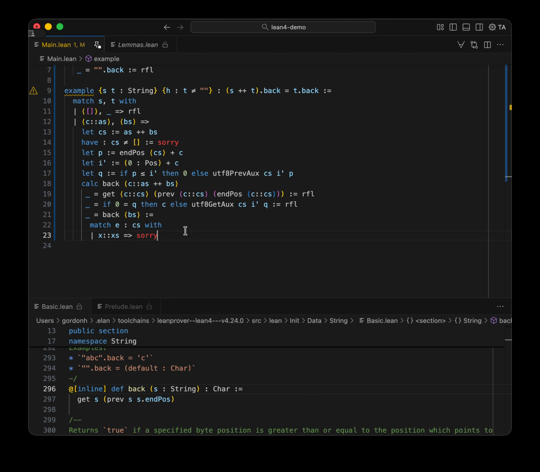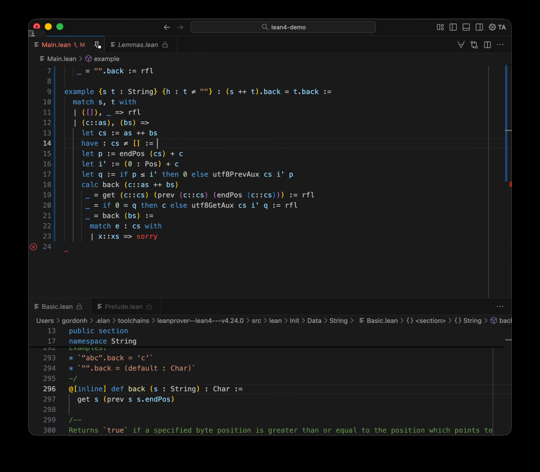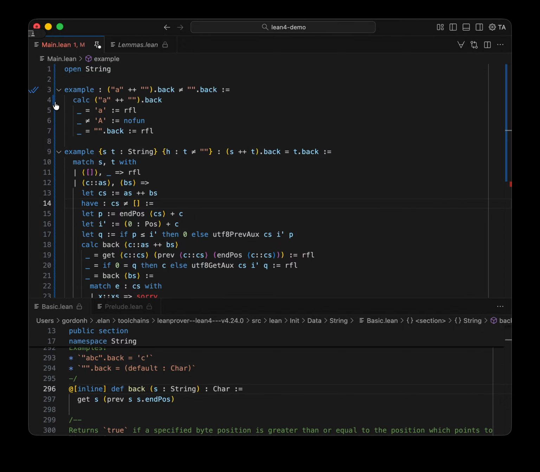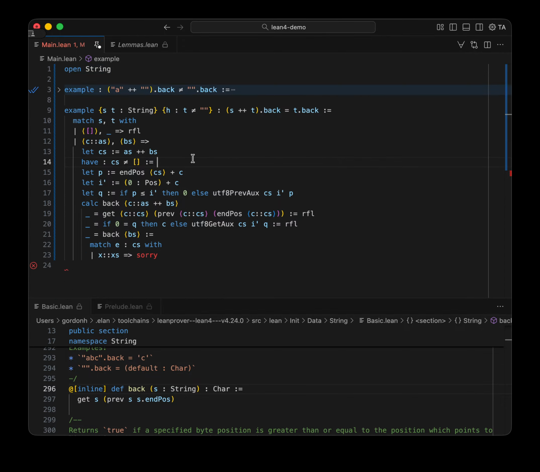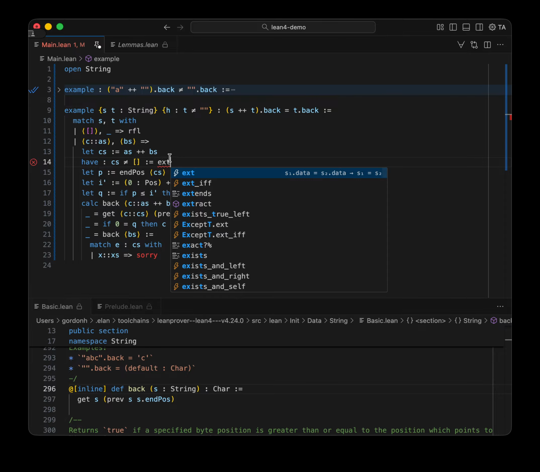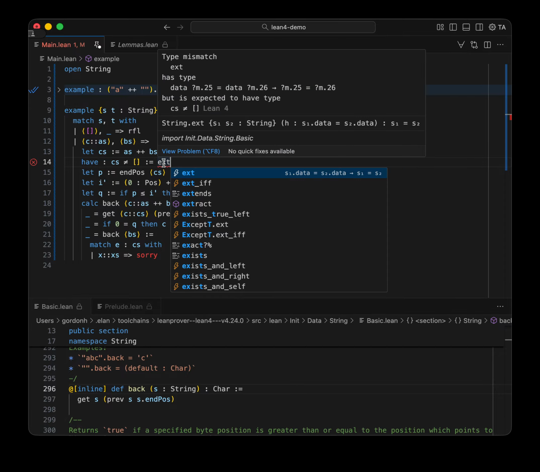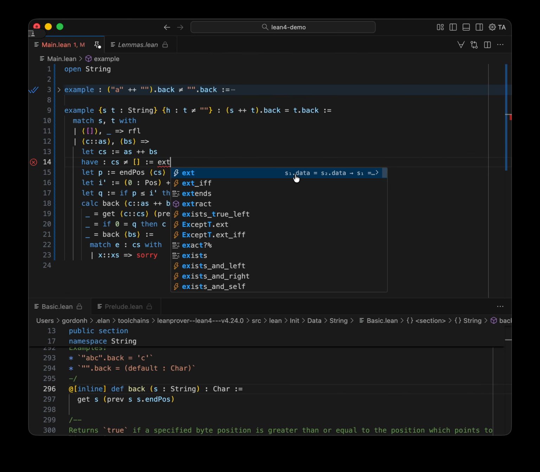Okay, great. Let's first close this. How are we going to do this? Since we have opened the string, we should be able to use the extensionality. It assumes that it's a list of characters, if they are equal, then the strings will be equal.